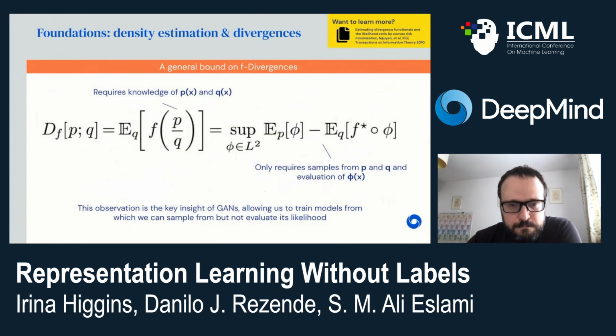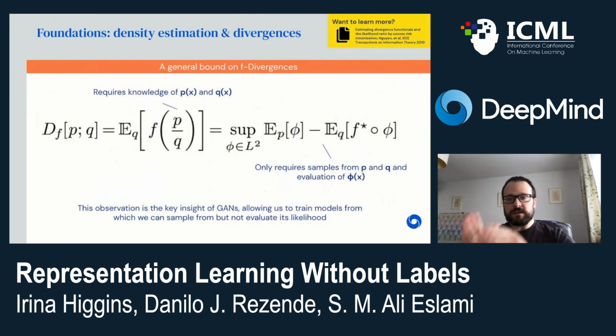Now, the vast majority of publications in generative models focus on one particular family of divergences, which we call the F divergences. F divergences are defined on the left side of this formula, and there is a very nice result which relates the F divergences to another type of divergence, which we call the integral probability metric, on the right.